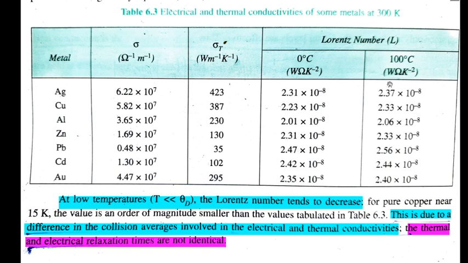And at a higher temperature, if you look here, the variations are almost constant, but still you will notice a little bit of difference when you go to the lower temperature compared to the higher temperature: the Lorentz number slightly decreases.